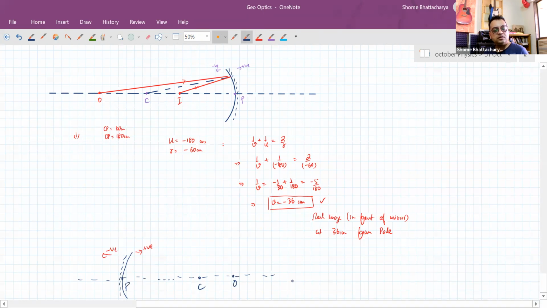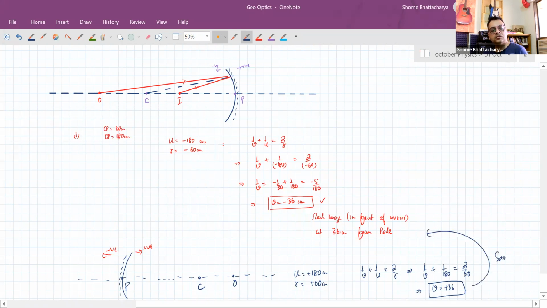So in this case, our U will be taken as plus 180. Our R will be taken as plus 60. And using this formula, we will get V as plus 36. Now this will have the same interpretation, because now the space in front of the mirror is our positive side.